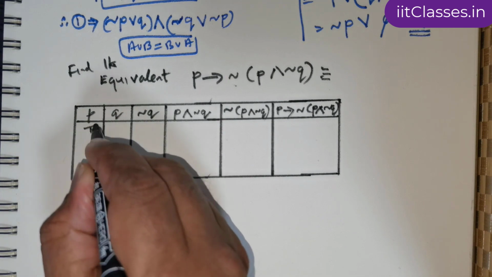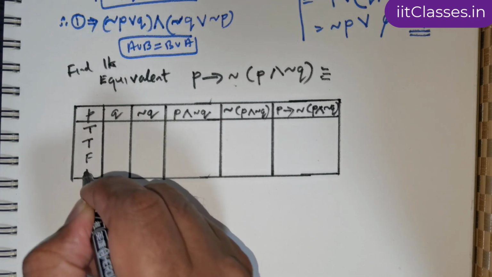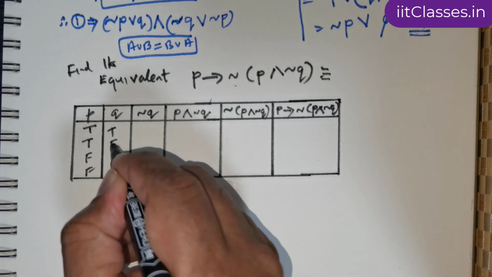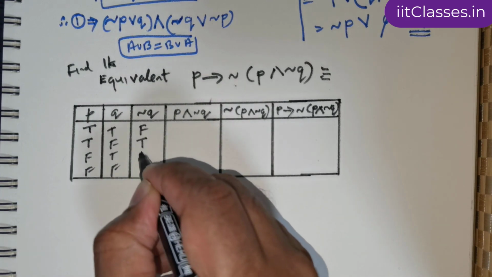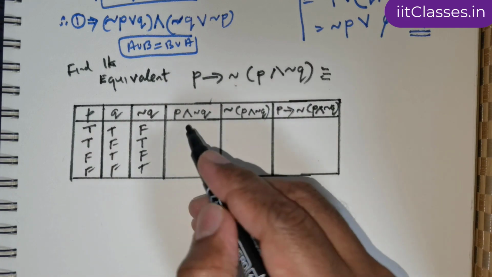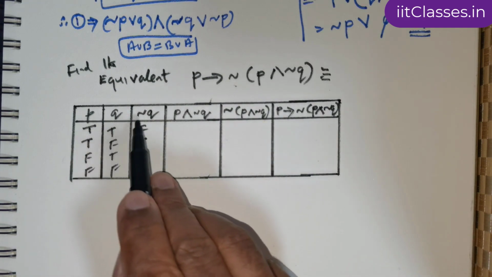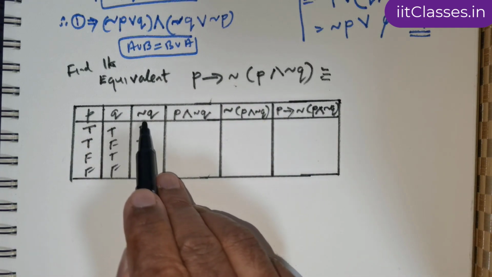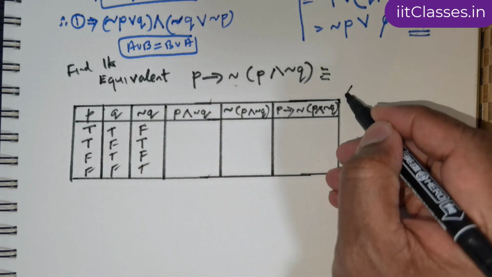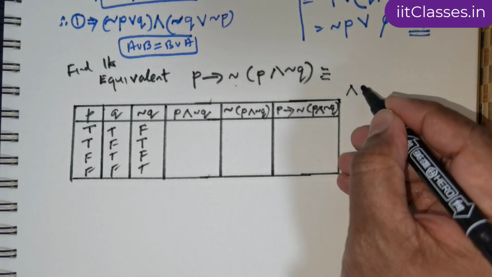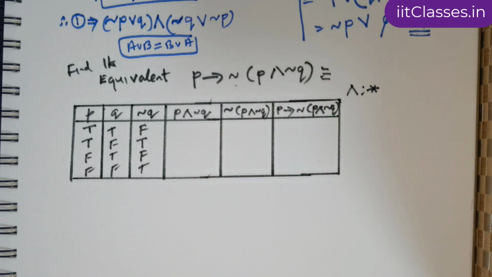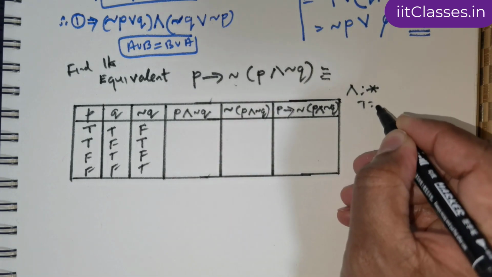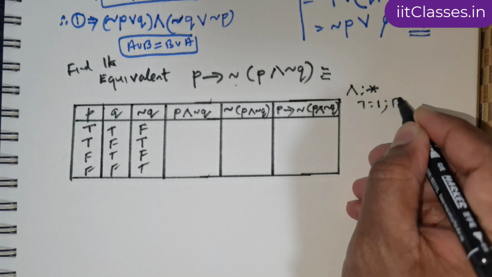So let me take the values as T, T, F, F, T, F, T, F. Negation of Q is going to be F, T, F, T. This is P conjunction negation of Q. As I have already mentioned, we will be taking the conjunction to be the multiplication operator, and T to be 1, F to be 0.